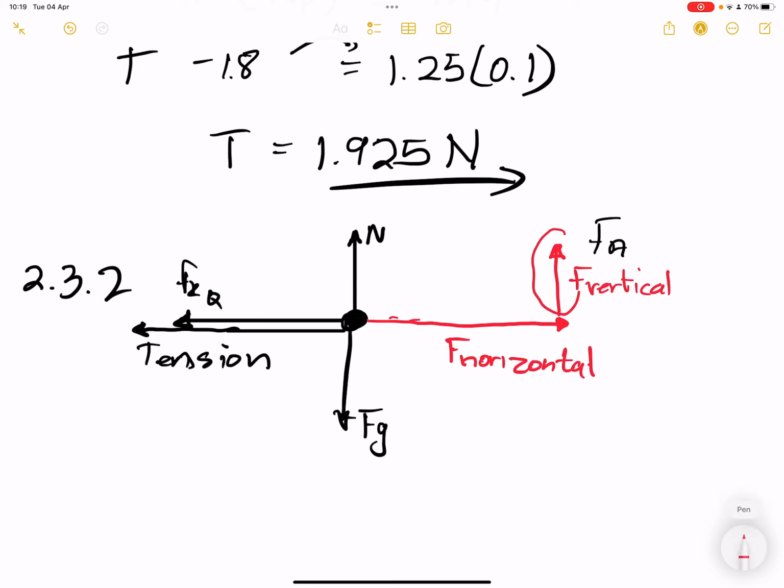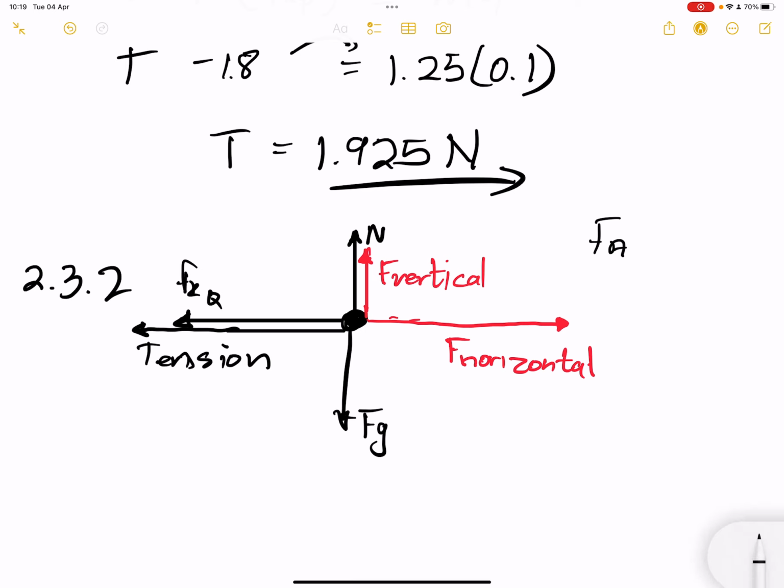So what I'm going to do is take that vertical component and attach it to our center of gravity. The dot there represents the center of gravity, right? So there's our F vertical there. So I've replaced that force with both the horizontal and the vertical components of it, right?